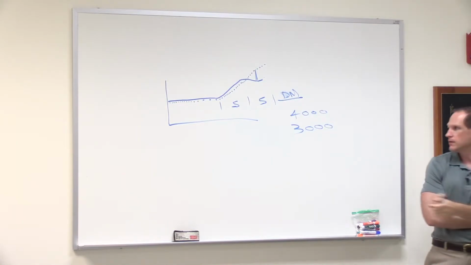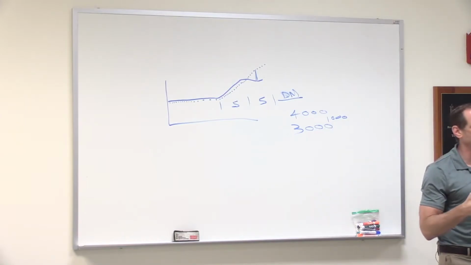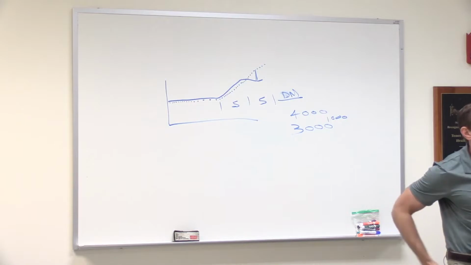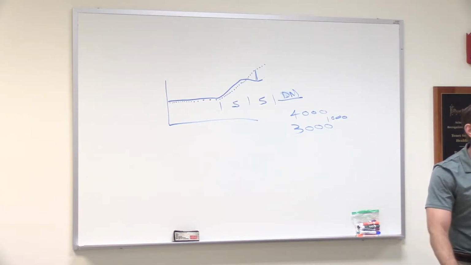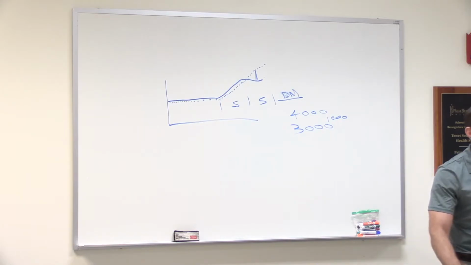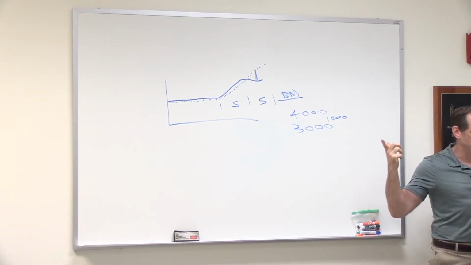Gain weight. You've got about a 1,000 calorie surplus every day, which is going to be used to help you grow outward. Males, females, mostly, on average, not always. But there's about a 1,000 calorie surplus each day.